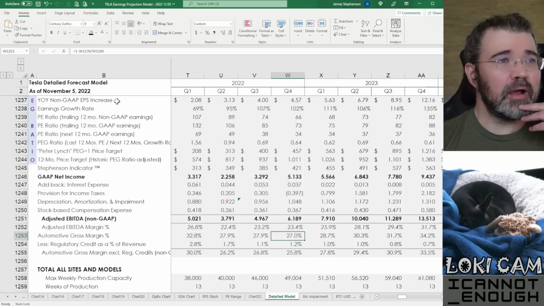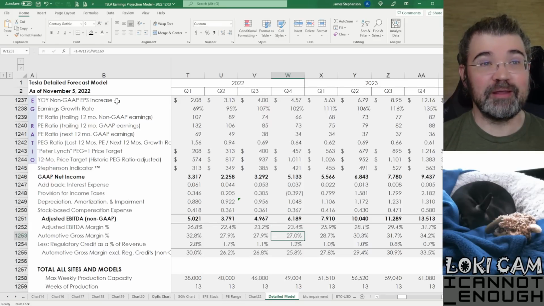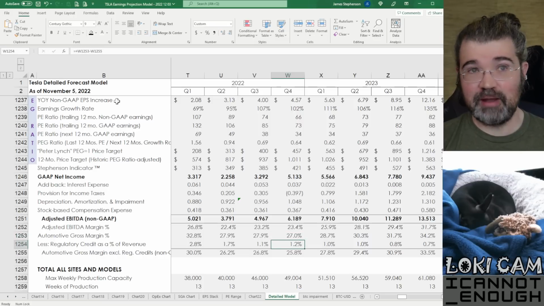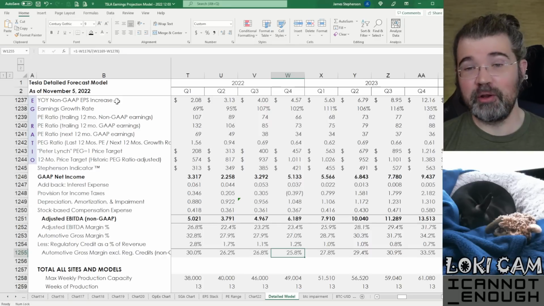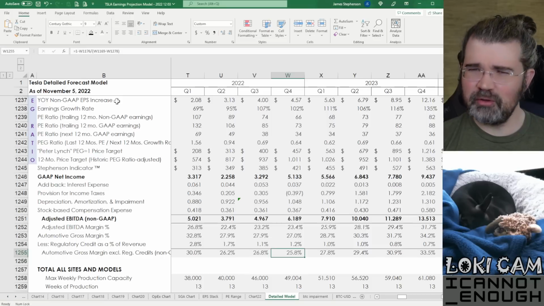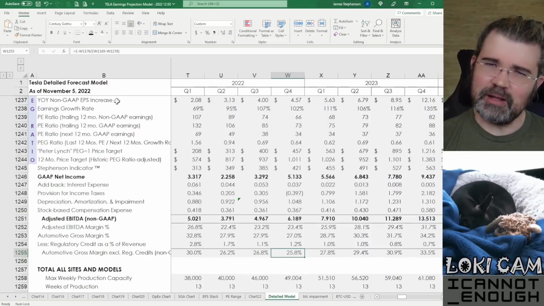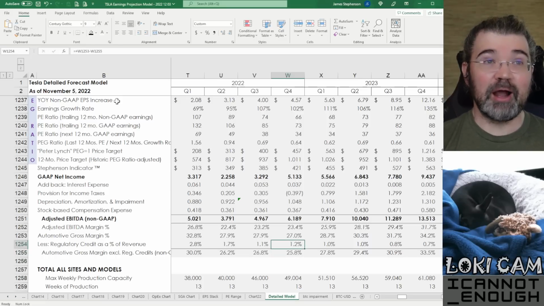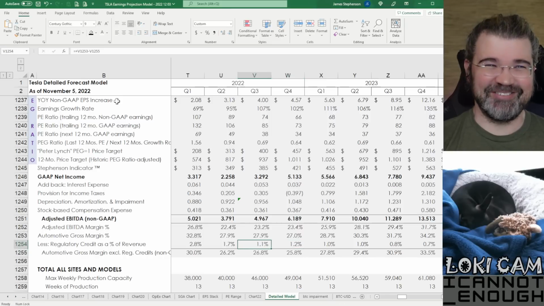All right. So below that, I've got the automotive gross margin percent in total. I've got the regulatory credits as a percent of revenue. And I've got the automotive gross margin excluding regulatory credits. So sometimes you'll still see Tesla haters out there saying Tesla only makes money because of regulatory credits. Well, that would be true if Tesla's total profit margin was only 1.1 or 1.2%.